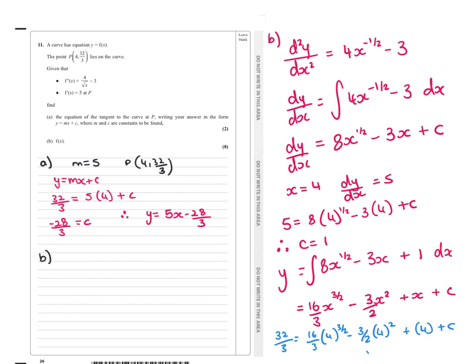When I rearrange this, I get c equals minus 12. Therefore, the final answer is f of x equals 16 over 3 x to the power of 3 over 2 minus 3 over 2 x squared plus x minus 12. And actually, I think that was quite a lovely question for 8 marks.